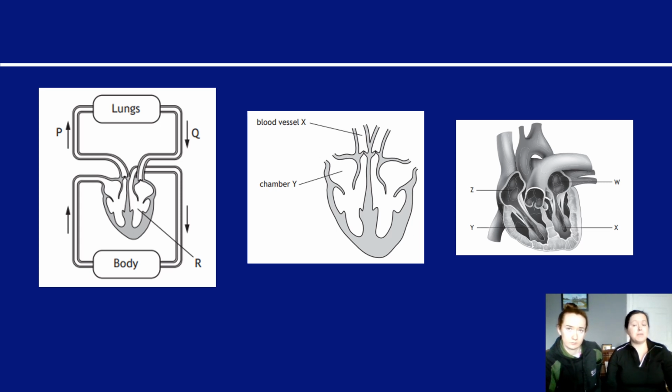Oxygen concentration can be high and low, but the terms oxygenated and deoxygenated should only be used to describe the blood. So for the exam question with that picture, make sure you're saying that the concentration of oxygen is higher at Q than at P. You've got to have a higher-lower comparison there. That's just something to be aware of.